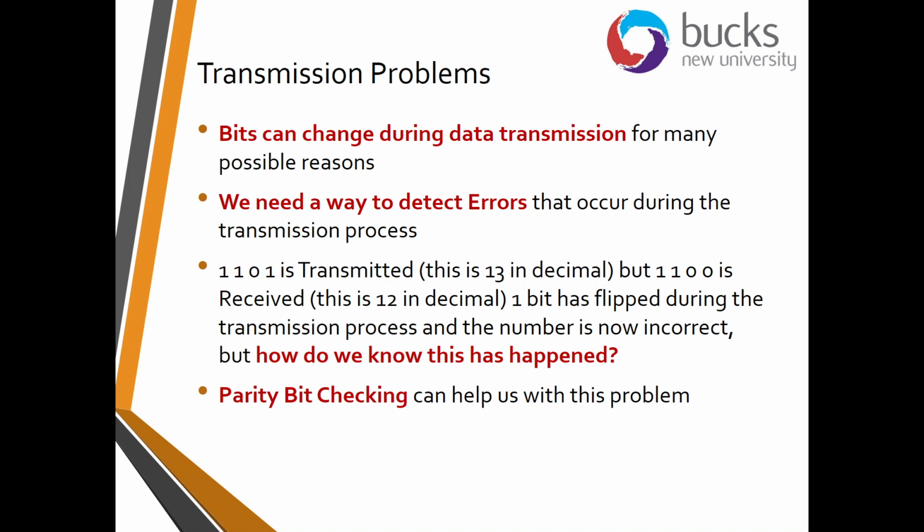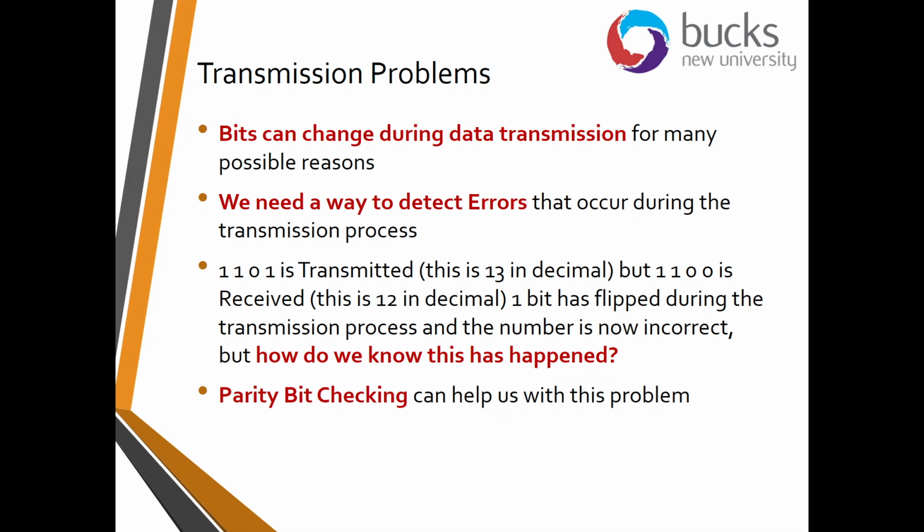So we need a way to detect errors that occur during the transmission process. For example, if we're transmitting 1101, this is a 13 in decimal, but if we then receive 1100, and that's 12 in decimal, we know that one bit has flipped during the transmission process and the number is now incorrect. But how do we know that this has actually happened if we are transmitting and then receiving?